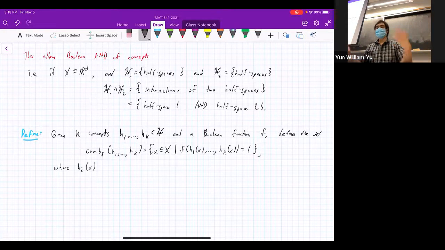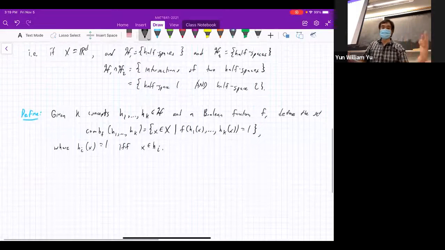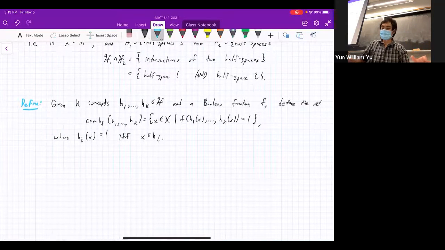So we're overloading the notation hi as both the function as an indicator variable and also as the set itself. So hi of x is equal to 1 if and only if x is in hi. Okay, so we're overloading things slightly, but you can just think of them as also indicator variables.